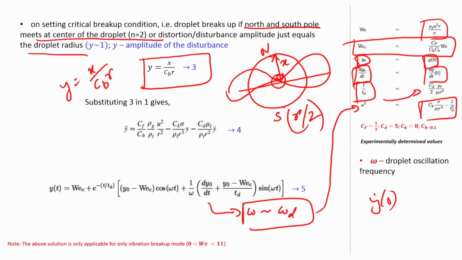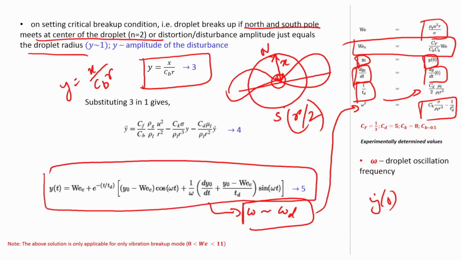Based on this, we get the complete solution for the vibration of the droplet. As you can see, it is very similar to what we did in the previous journal paper that we did. You can see that this exponential term comes from that complementary solution that we just saw, e to the power of minus, remember that.